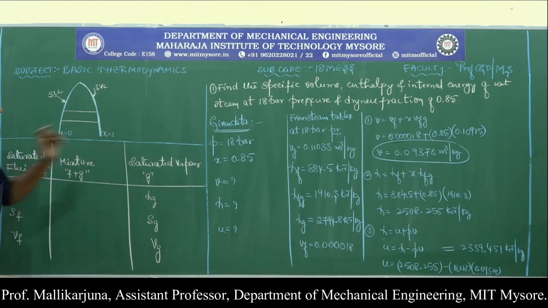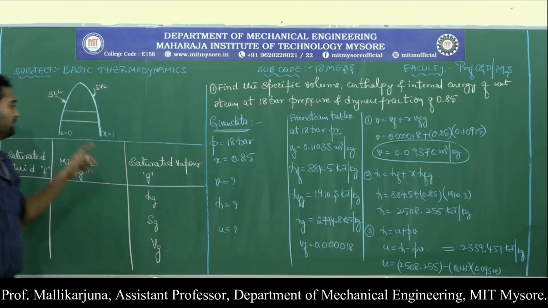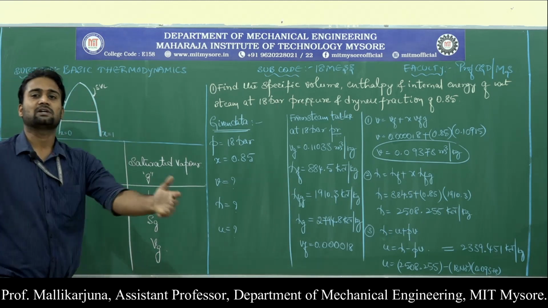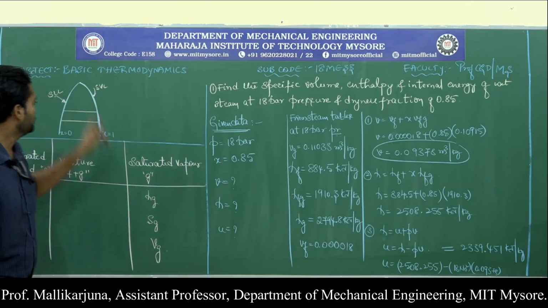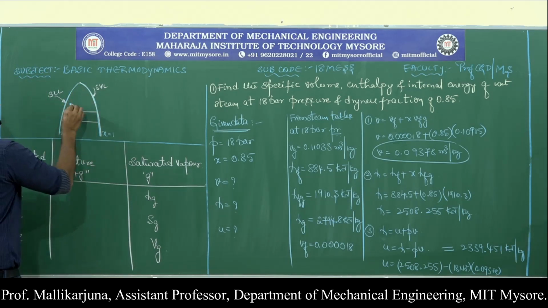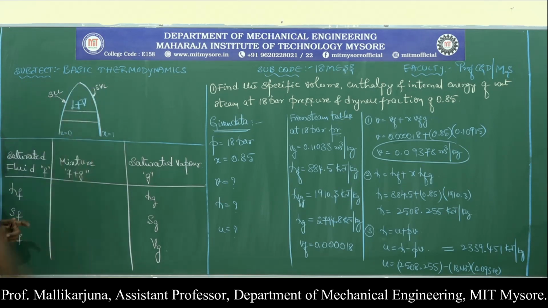What is the meaning of this? x equal to 0 means that on this line the vapor content in the substance is 0. x equal to 1 means that on this line the entire substance has converted into vapor. So, that is what a saturated vapor line is to us. Anything which exists in between is a mixture, which is the liquid plus vapor region.